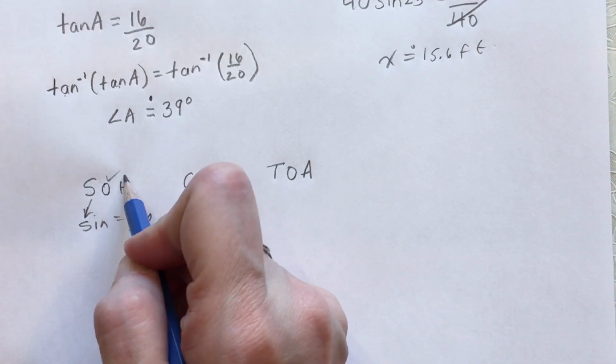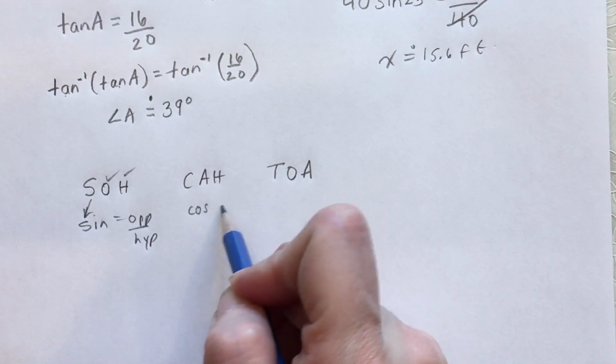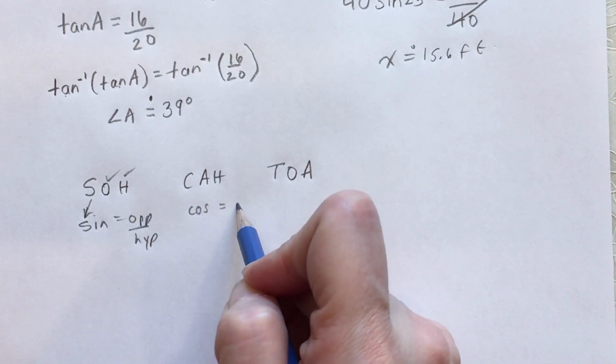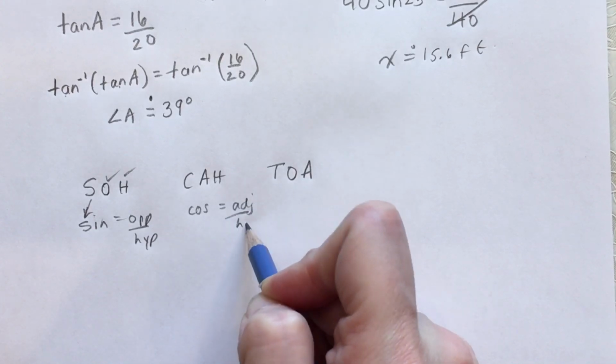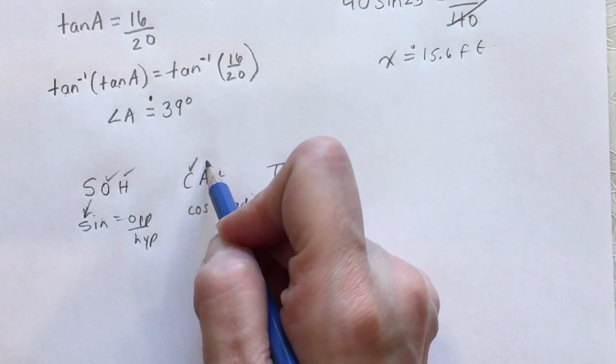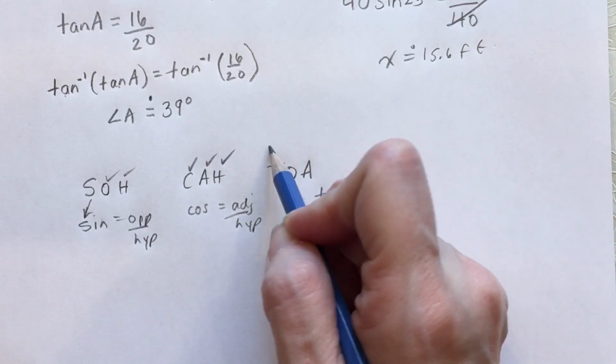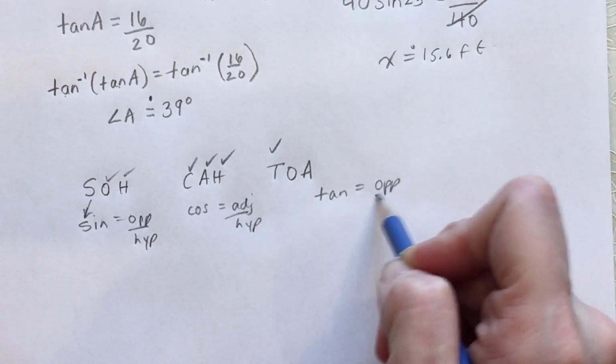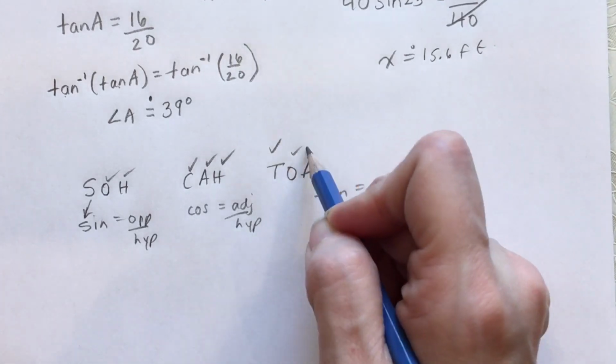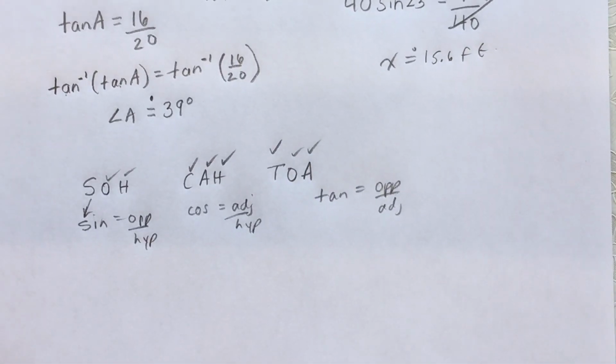So that's the O and the H. Cos is adjacent over hypotenuse. And tan is opposite over adjacent. So SOHCAHTOA helps you memorize the three formulas for right angle triangles. And remember, these are just for right angle triangles. They do not work for triangles that don't contain a right angle. So that's what we're going to move to next.